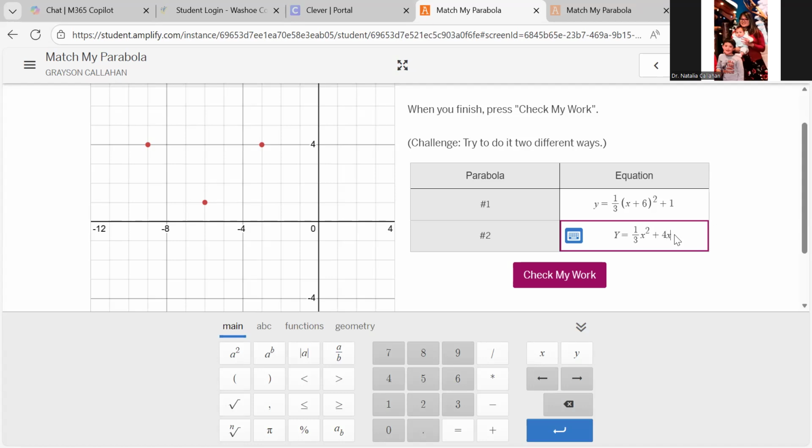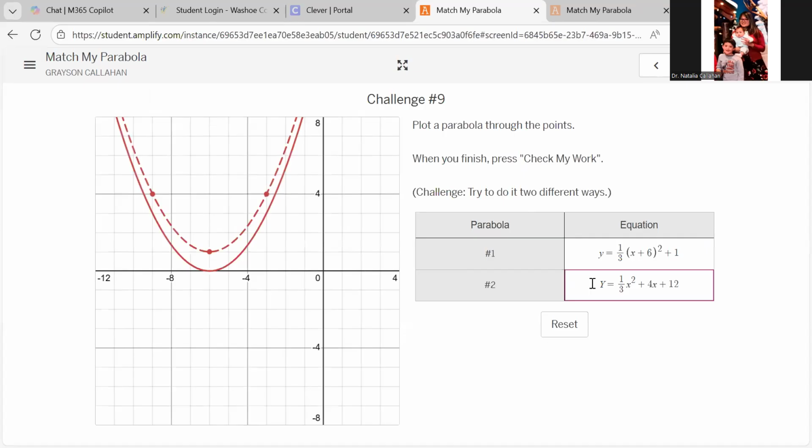What's the last part? That's not correct. Squared plus 12x. 12 divided by 3 is 4. 36 divided by 3, it's not 12, plus 13.